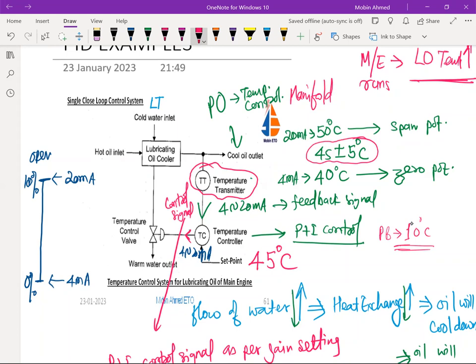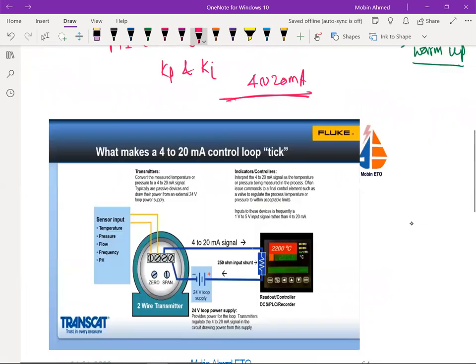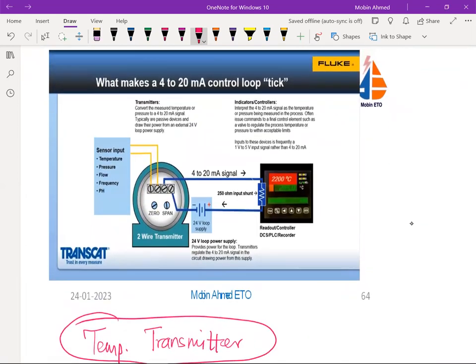Now, how we are going to adjust this: we are going to break the circuit anywhere, because this is a closed loop system. Just break it like I am breaking it here.